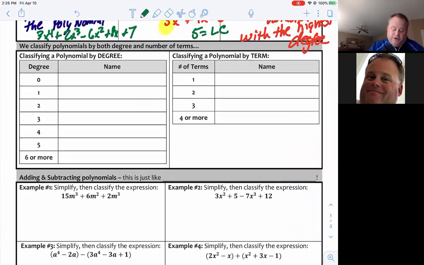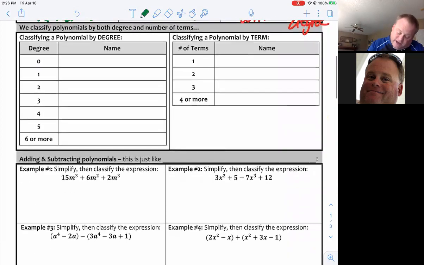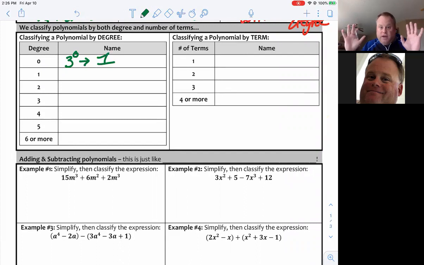So classifying a polynomial by degree. Well, 0. If we know this, because we just did this the other day, 3 to the 0 is what? 1, right? So in case of that, that is basically a constant, right? Degree of 0. In terms of things we're doing, I want you to understand that any number is going to be treated as if it has a power of 0 because it doesn't have a variable.